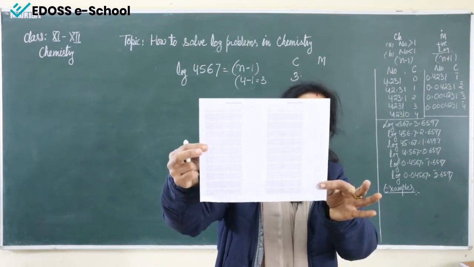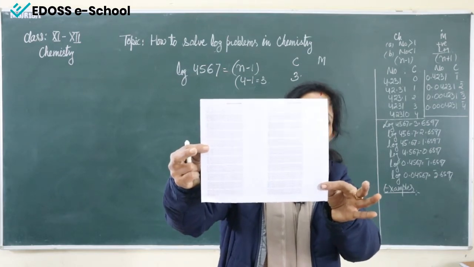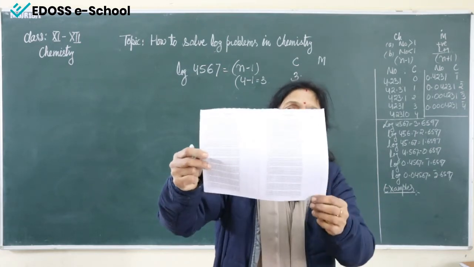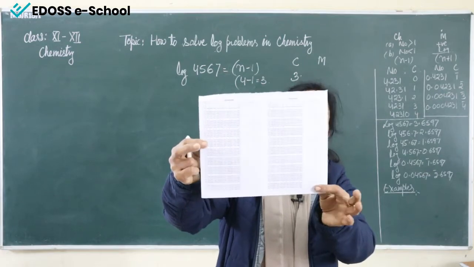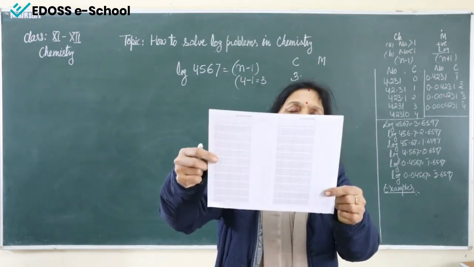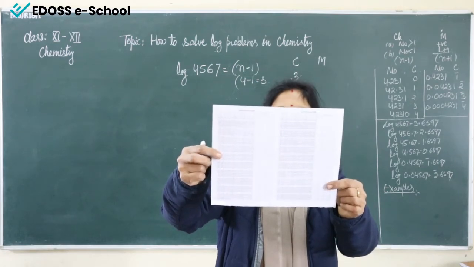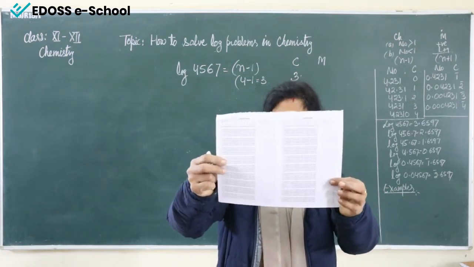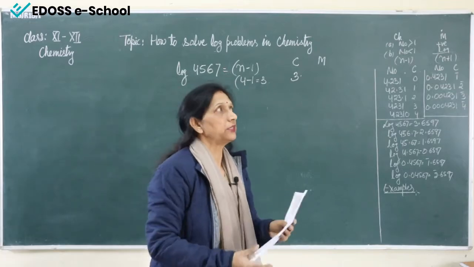While doing log questions, we have to see the answer from the log table. Never use the other one, else your answer will be wrong. So this is the log table, and now we have to find the mantissa.